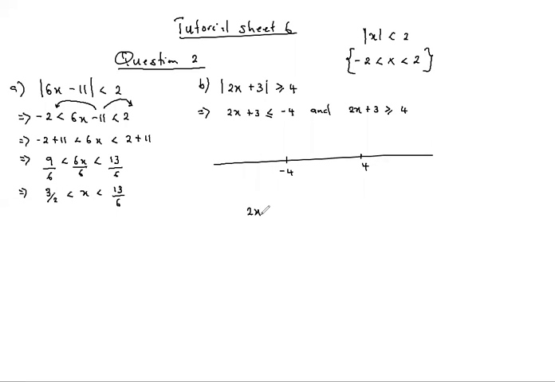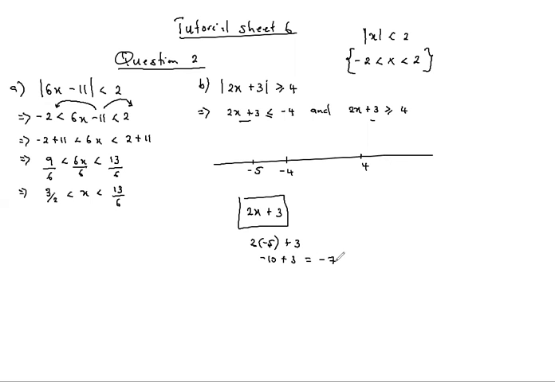Suppose you pick -5 and place it in 2x + 3. You get 2 times -5 plus 3, which is -10 + 3, which is -7.